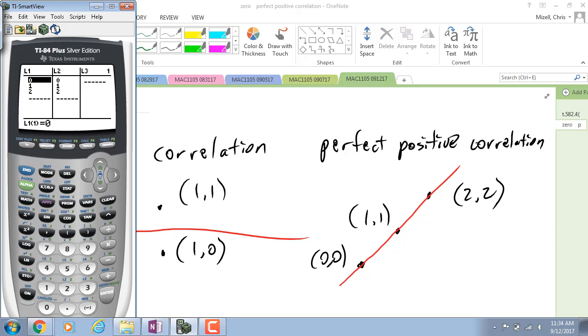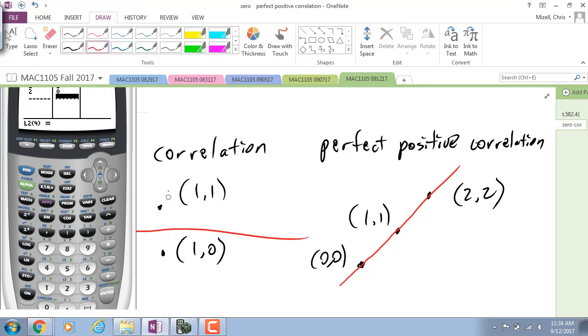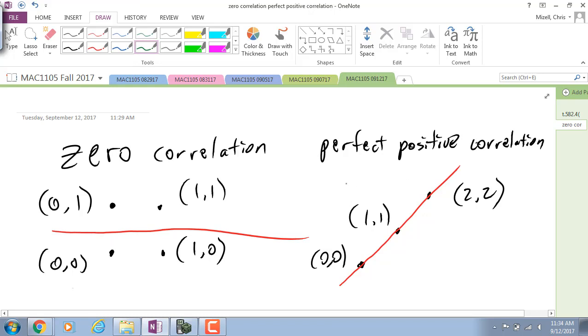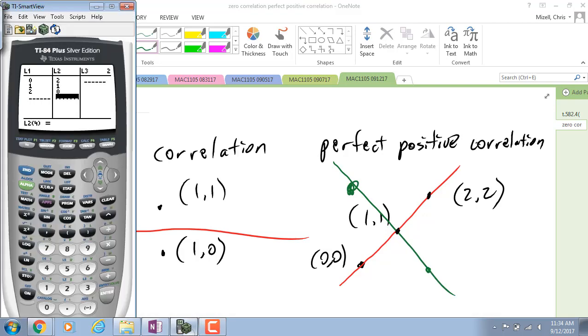Stat, edit. Let's go with 0, 2, 1, 1, and 2, 0. That would be 0, 2, 1, 1, and 2, 0, something like that. Second quit.